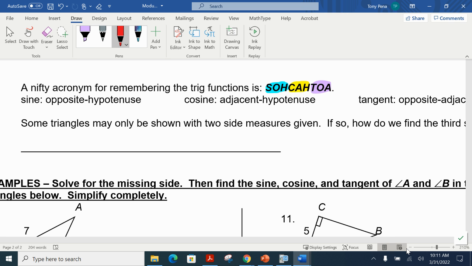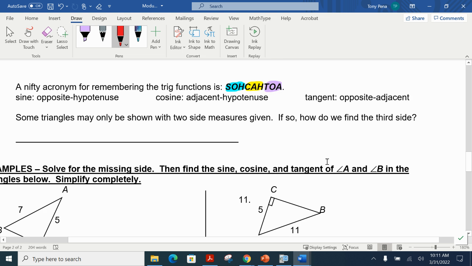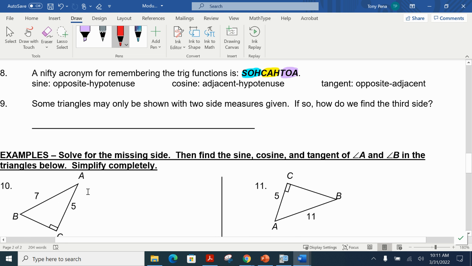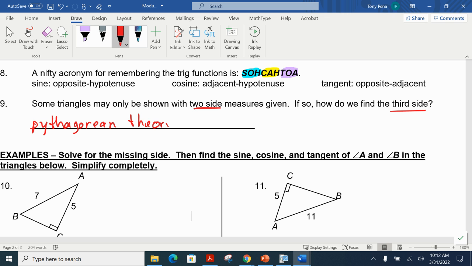Last thing, and then we'll do a few more problems that incorporate all that stuff: some triangles may only show 2 sides. If I look down at these last 2 problems, 10 and 11, notice how there's only 2 sides. If I want to know the third side, we can use the Pythagorean theorem: a squared plus b squared equals c squared.